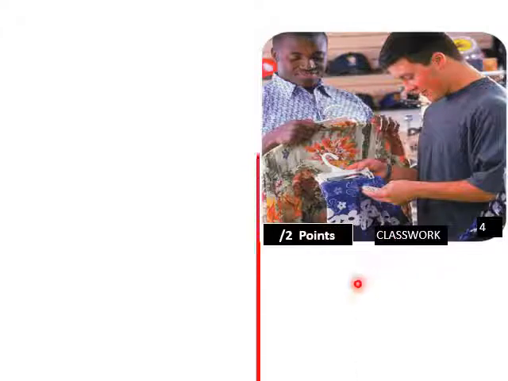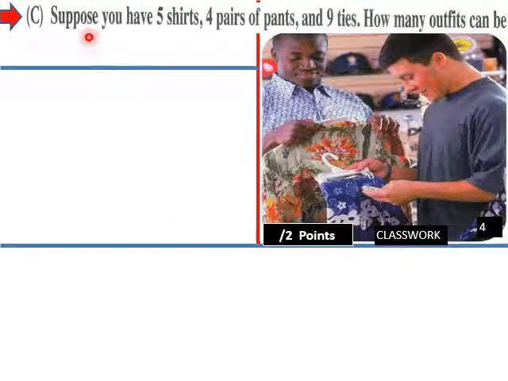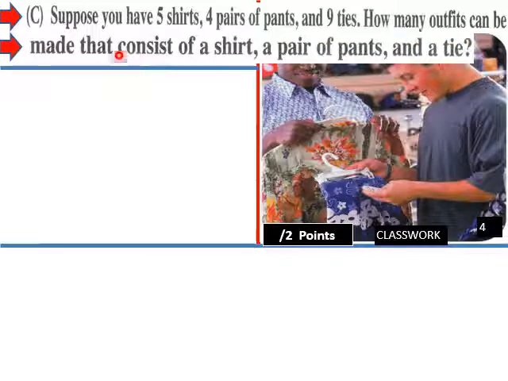Okay, moving on now to slide number 4. C: suppose you have 5 shirts, 4 pairs of pants, and 9 ties. How many outfits can be made that consist of a shirt, a pair of pants, and a tie?